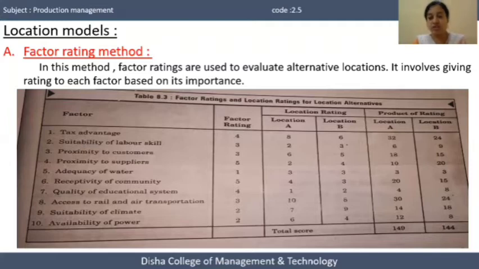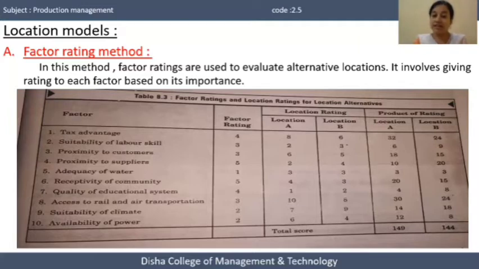There is not much difference between location A and location B. So he is not able to identify a good location for installing the plant, whether he chooses location A or location B. But after adopting this method, he can identify which location is suitable for him. So location A gets a 149 score and location B gets a 144 score.